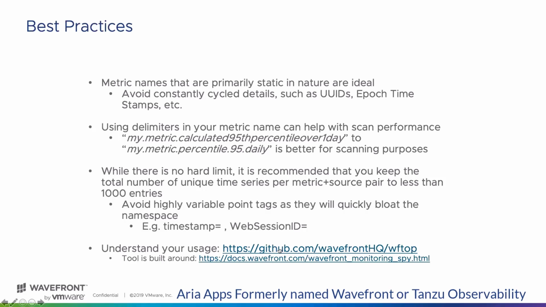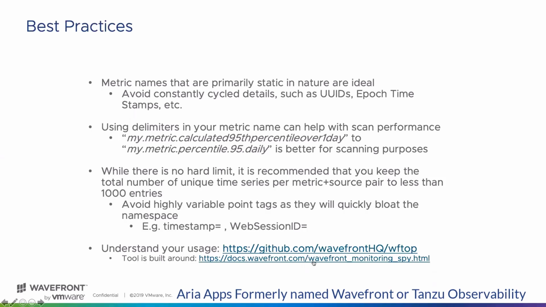I won't demonstrate this tool today, but I will include the link in the presentation material. I encourage anyone that has any concern about the data rate to look at it. It may not be of interest to every user, but if you are the person that gets billed for Wavefront and you want to know which metrics are emitting the most data, or which metrics we are emitting a lot of data from but not actually querying very much, so it's maybe not very useful data to us, this tool can help you find that out.